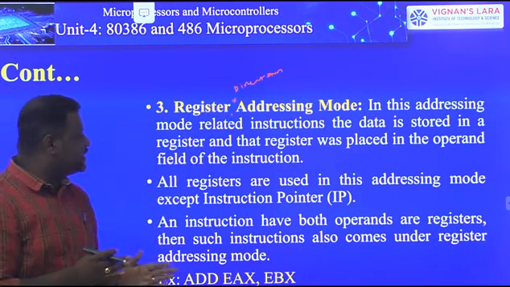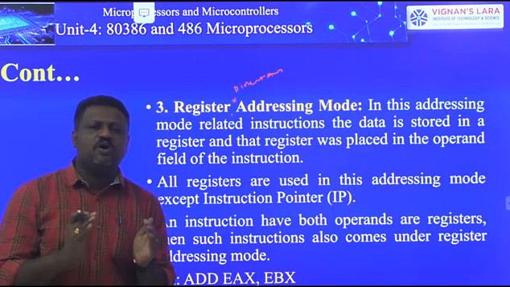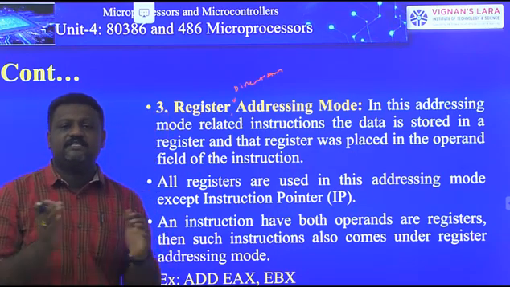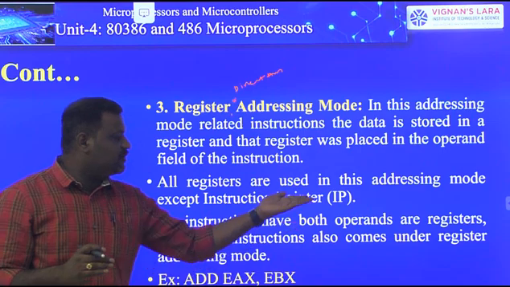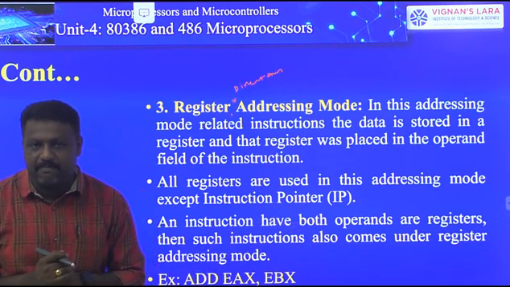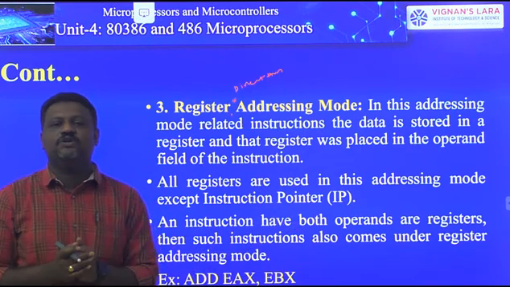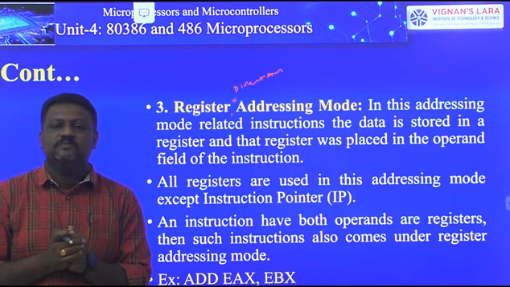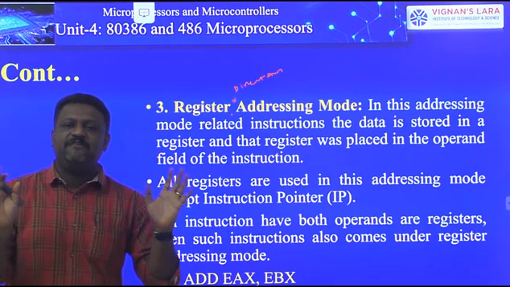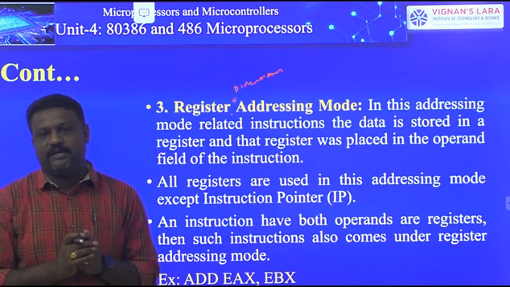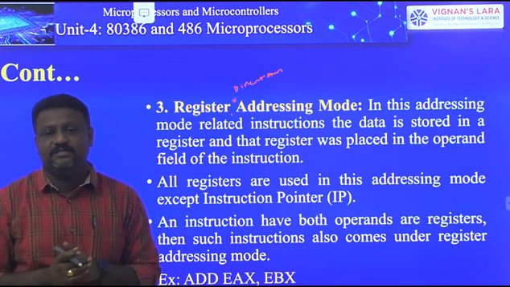And here the important thing is we can use almost all of the CPU registers except some of them. One is the instruction pointer, IP. Along with this, we don't use segment registers to hold the data. Apart from that, we can use all our registers except the flag register.